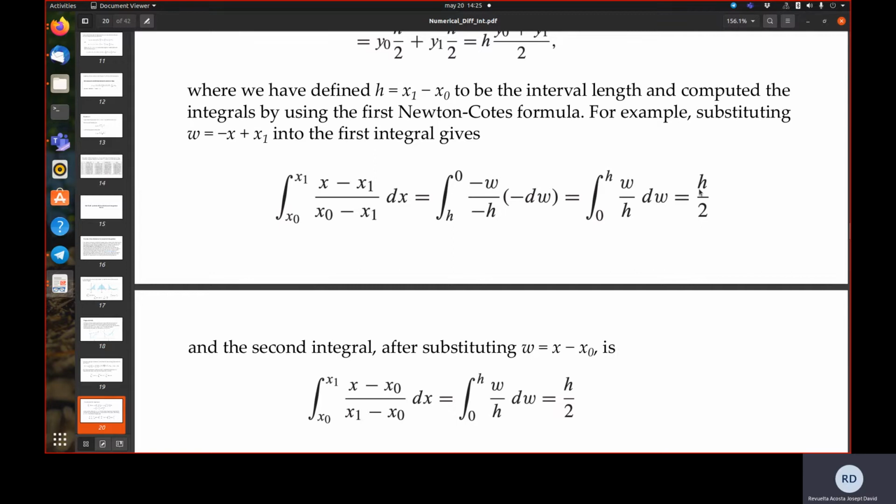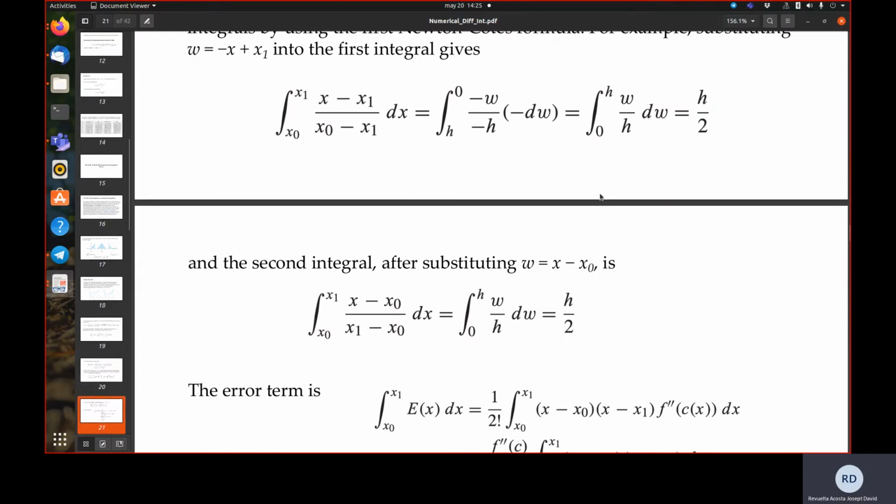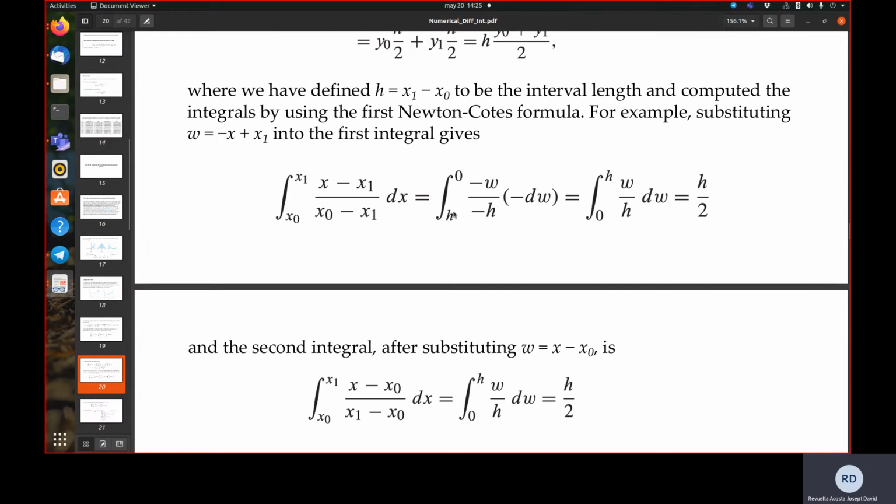Be aware that this is just a very small complication, as long as minus w is minus x plus x1, which is practically the opposite of this. That's why it's negative.